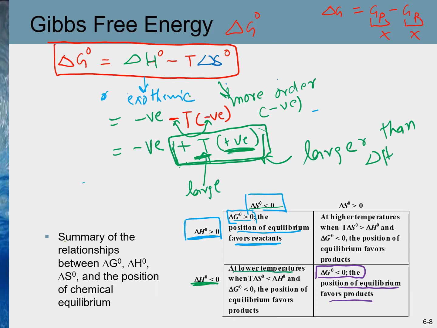At low temperature, it will be small enough that the delta H value will be the more dominant factor and delta G will be negative, and in that case it will favor the products. Okay, only at a lower temperature.